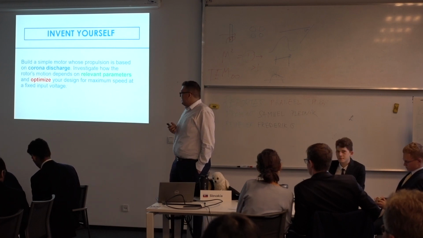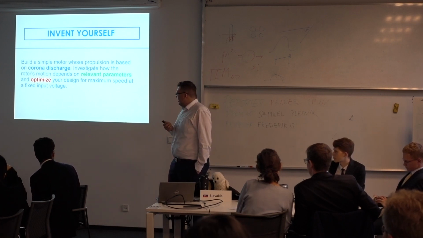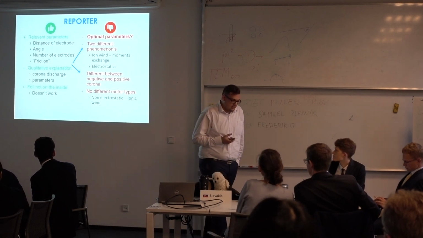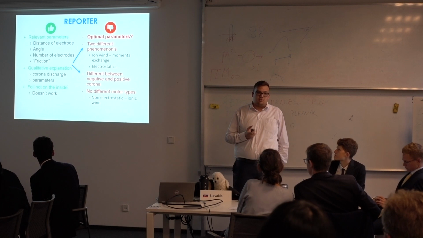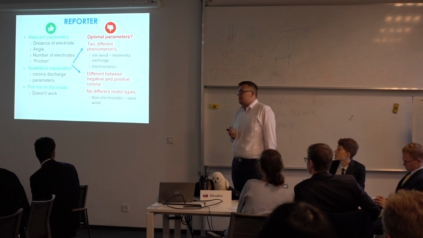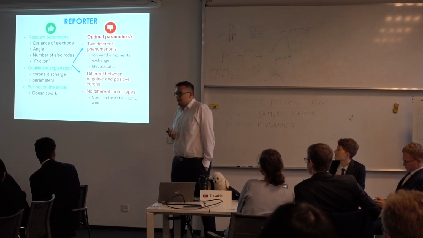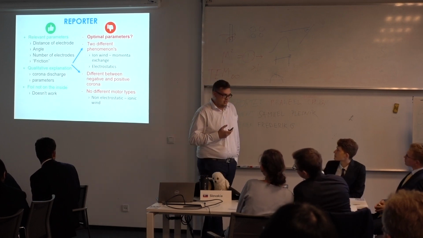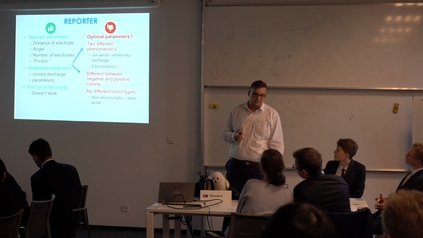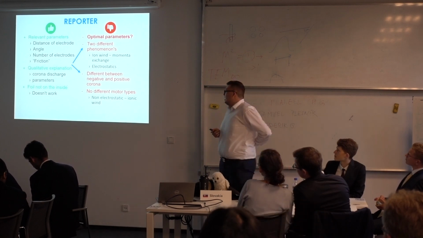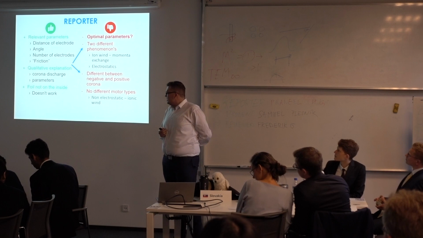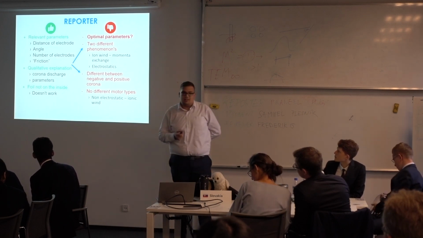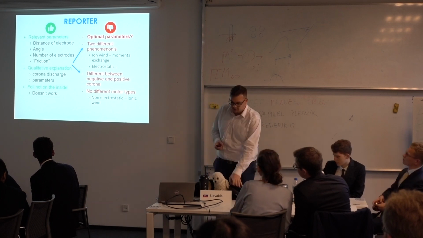And yes, they started off by explaining what corona discharge is, but we found this explanation a bit lacking, as it did not go into the detail of the differences between the positive and negative corona discharge and so on. Further, it did not explain other interesting phenomena occurring in the corona discharge.